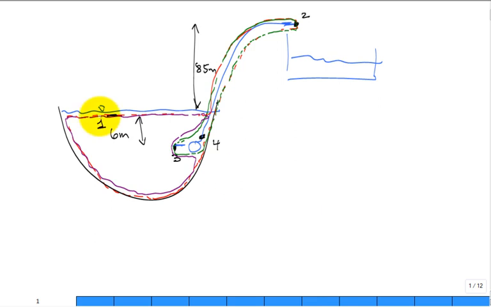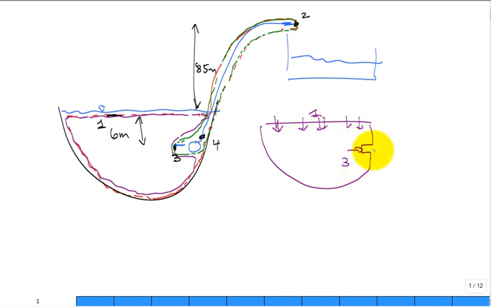For that one, it would just be, let me try and draw it this way, from 1 as an inlet to 3 as an outlet of the control volume. Is there a pump in that control volume? No, the pump's not in that control volume. So let's draw the first law analysis for this control volume with no pump.